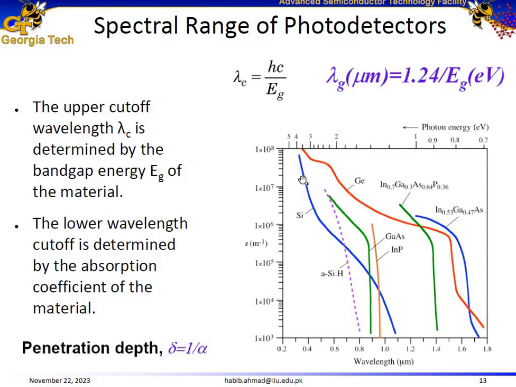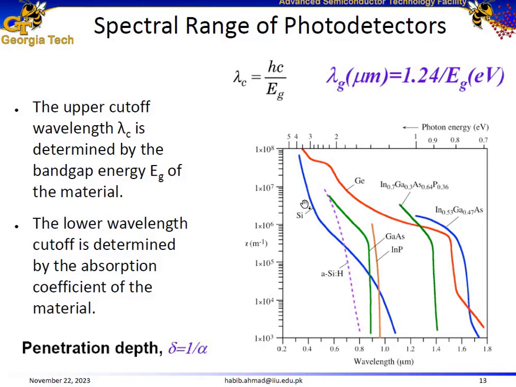So we have absorption coefficients of different materials: silicon, gallium arsenide, indium phosphide, germanium, indium gallium arsenide, and other materials, for example.